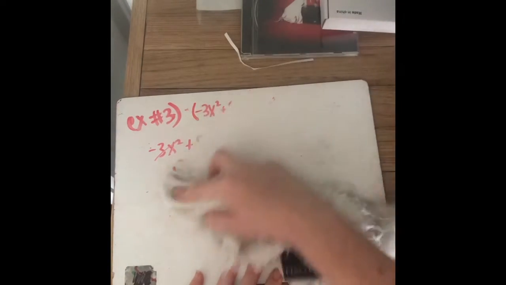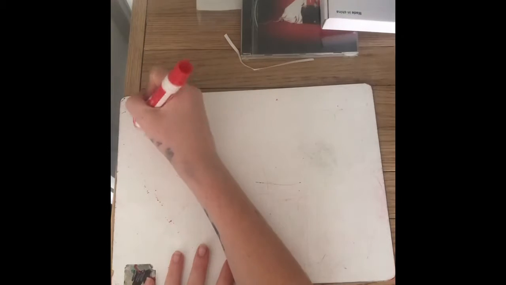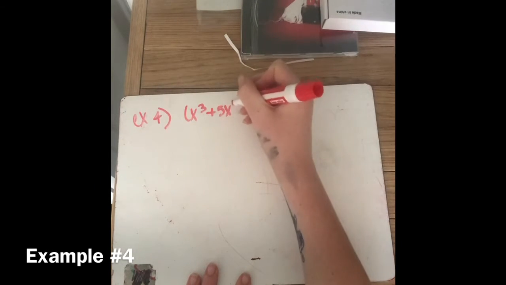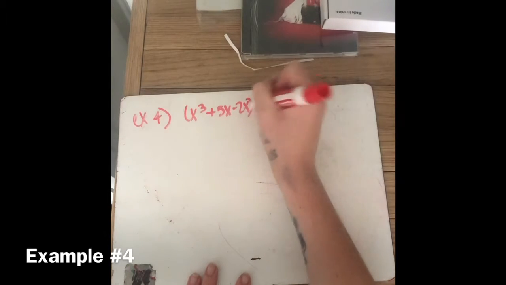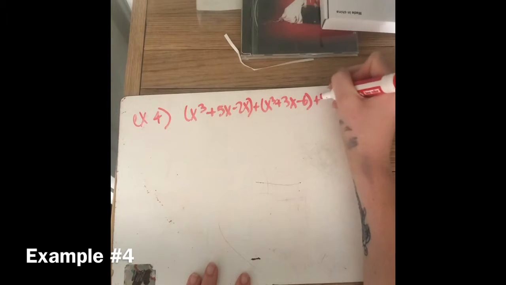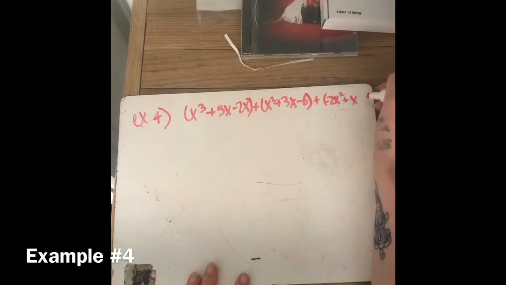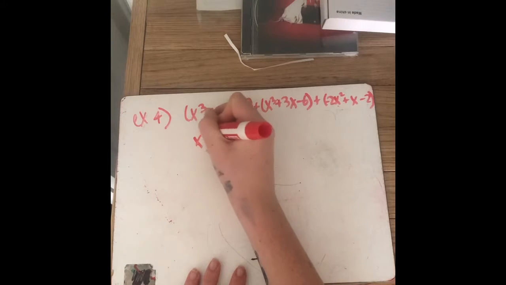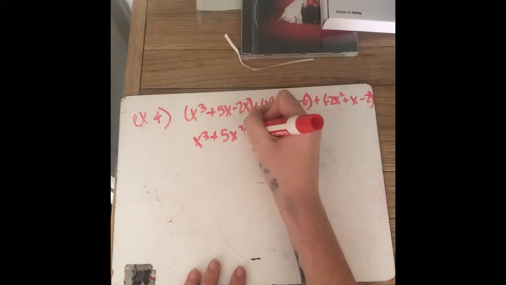If you like vertically, then you have to make sure that you add placeholders. So this is kind of a more difficult one, but we'll go over it for our fourth example. X to the third plus 5x squared minus 2x plus 3x minus 6 plus negative 2x squared minus 2. Okay, so if we're doing this one vertically, we go x to the third plus 5x squared minus 2x.